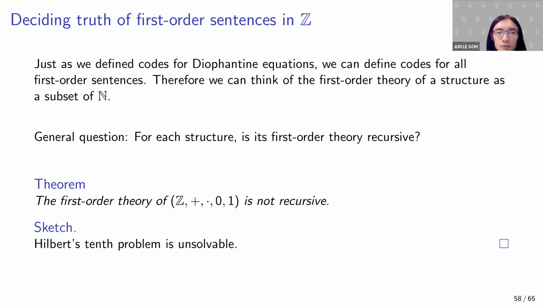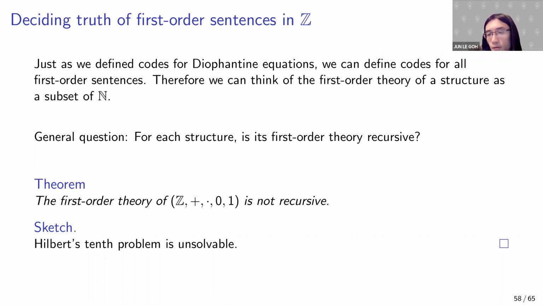So, as I've already hinted, this is not going to be recursive because it subsumes Hilbert's 10th problem. If this first order theory were to be recursive, then that would give us an algorithm to solve Hilbert's 10th problem, because if we are given some Diophantine equation, we want to figure out whether it has a solution.